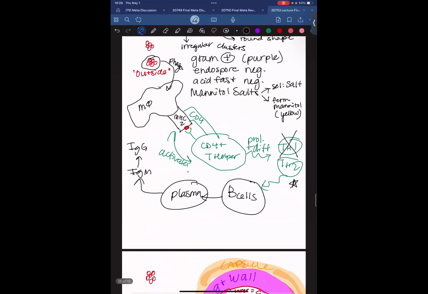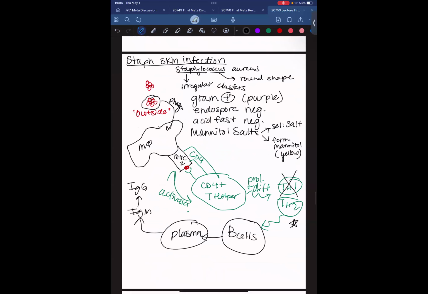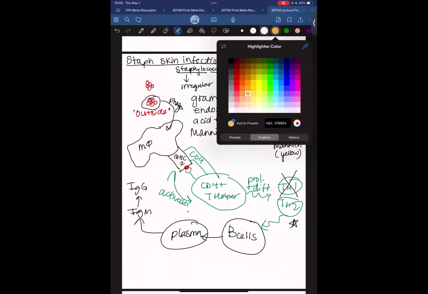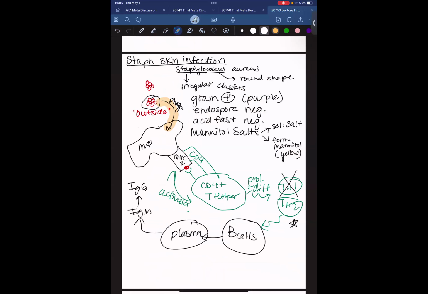So now up here where our macrophage was, this part right here where we're having our macrophage phagocytose things, this might not happen because it might be avoided because we have that capsule.